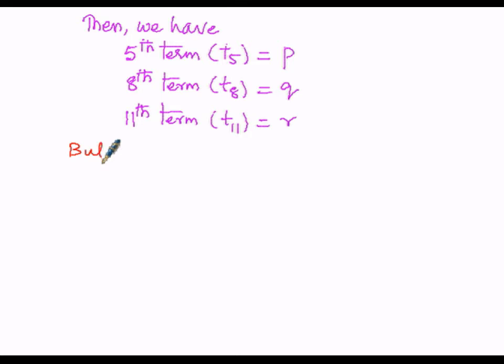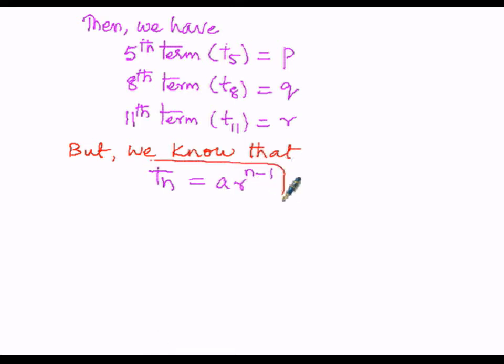But we know that the general term, that is the nth term of the geometric progression, is given by Tn, the nth term, is equal to a r to the power of n minus 1, in which a stands for the first term and r is the common ratio.